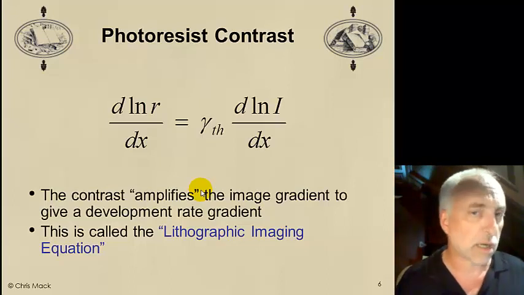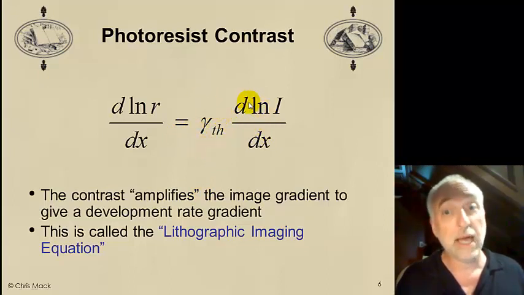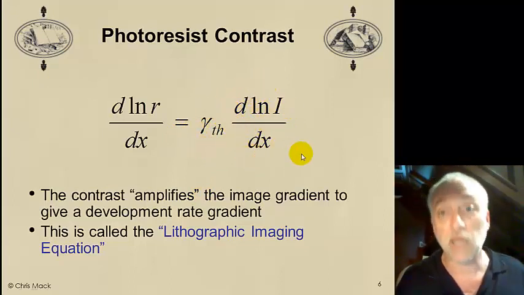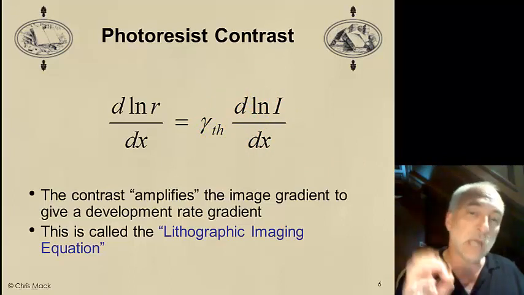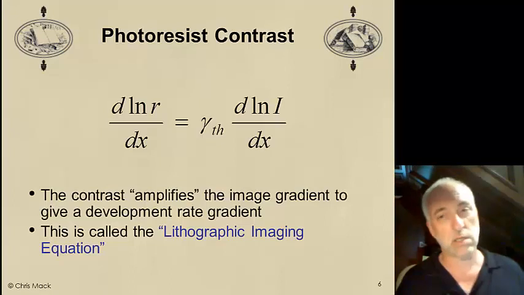So what is d log R dx? It's a function of two things. One, the theoretical contrast, multiplied by the second thing, d log I dx, where I is the intensity of light that I'm using to expose my photoresist.